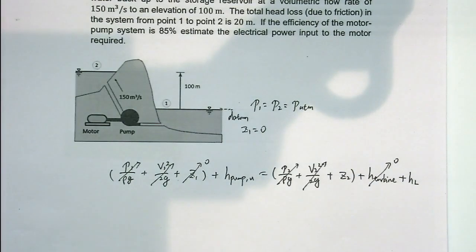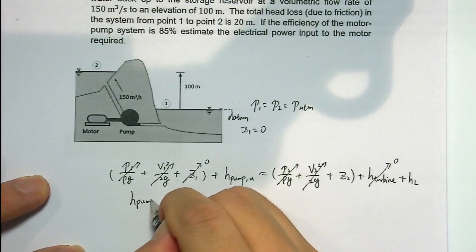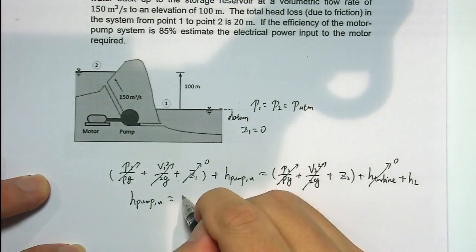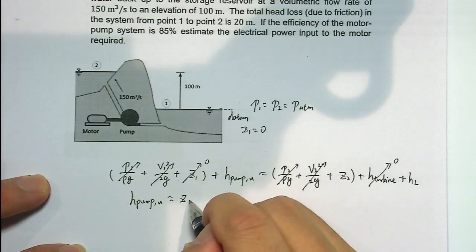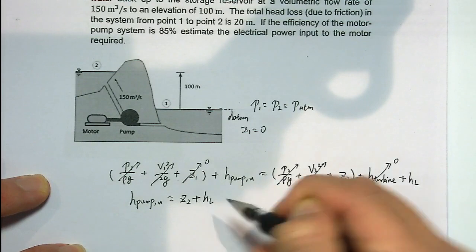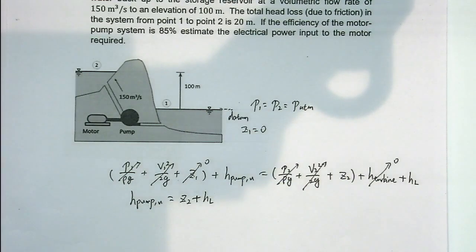So we finally got the pump head, which is equal to Z2 plus the head loss due to friction, which means that the pump only provides the work which balances the height difference, the head caused by the height, and also the head caused by the friction.